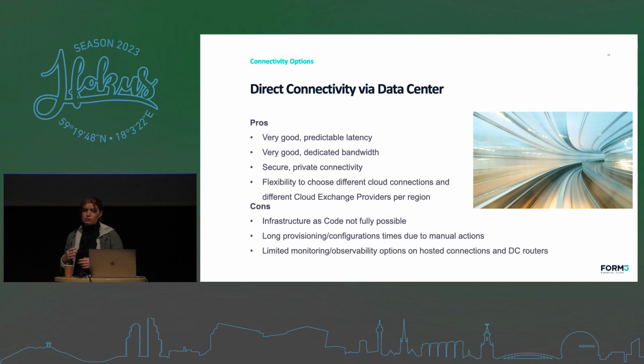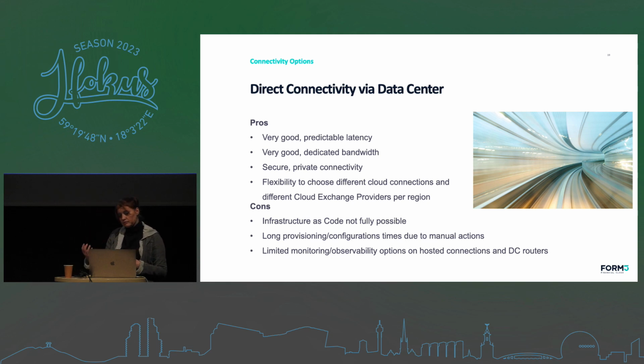Those companies usually don't use Terraform. This includes all manual actions. You need to raise a PR, you need to raise a ticket, you need to wait, and that's significant extra time. And as a DevOps engineer, I'm not used to it.